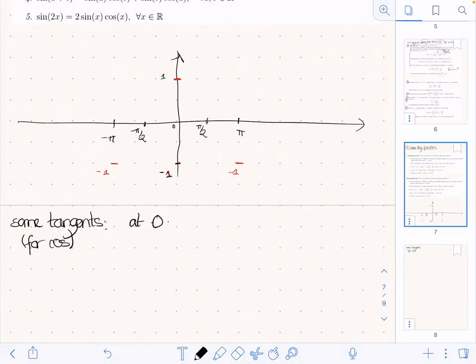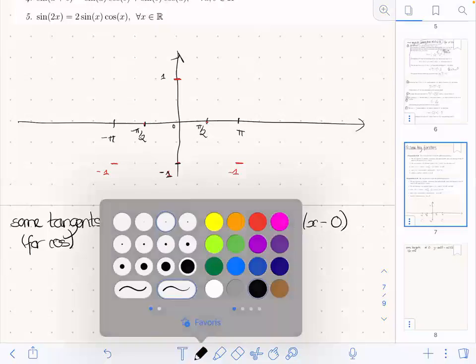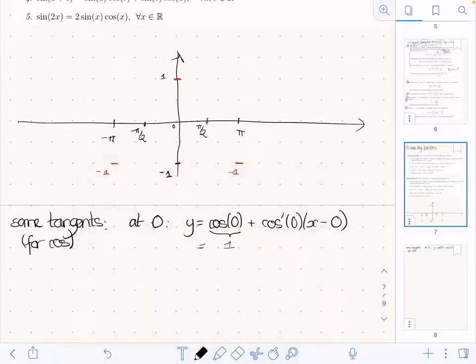If we apply the formula, y equal to cosine of 0 plus cosine prime of 0 times x minus 0. Cosine of 0 is equal to 1, we said that a minute ago, and cosine prime of 0 is equal to minus sine of 0, which is just equal to 0.